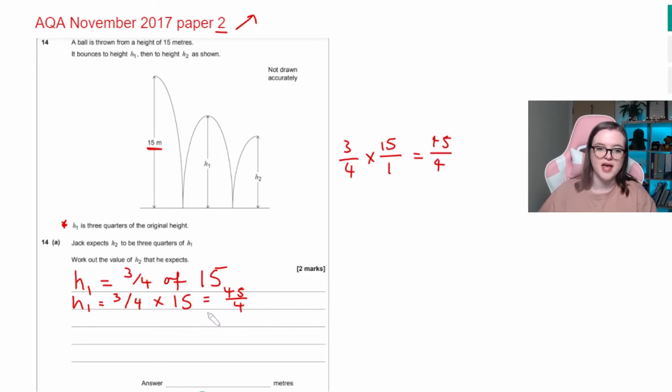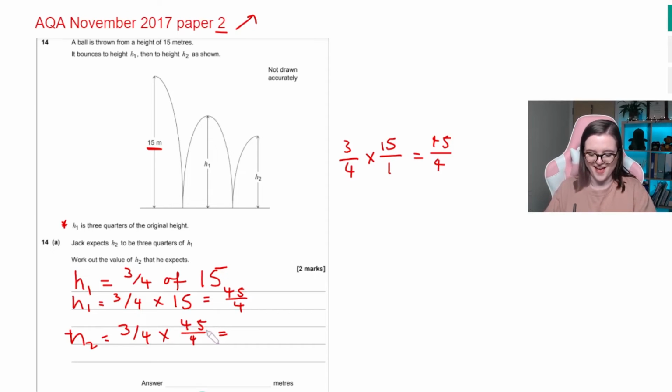And then, what does he want us to do? Work out the value of h2. So Jack expects h2 to also be 3/4 of h1. Okay, so then h2 is going to be another 3/4 of, so times h1, which is this one here, 45 over 4, and then I need to calculate that, because 45 times 3, what is that?